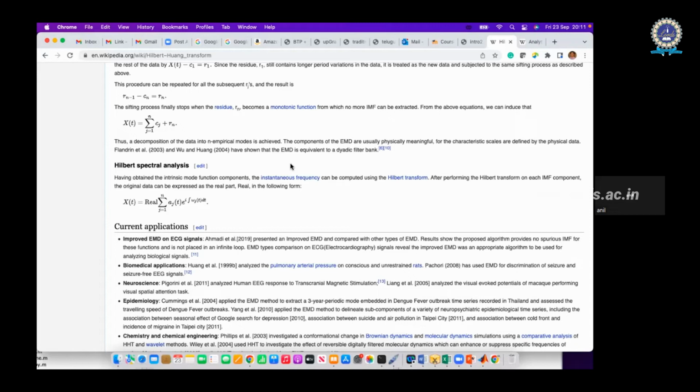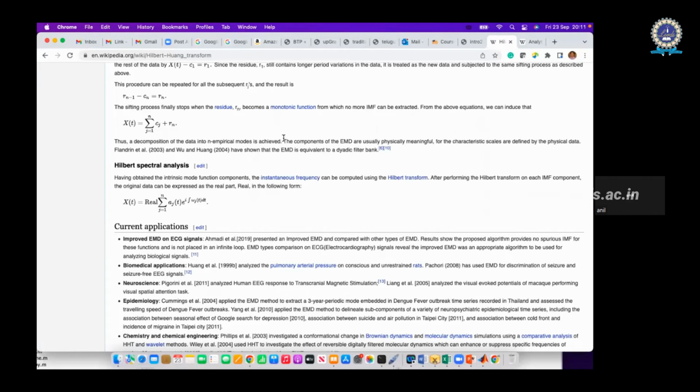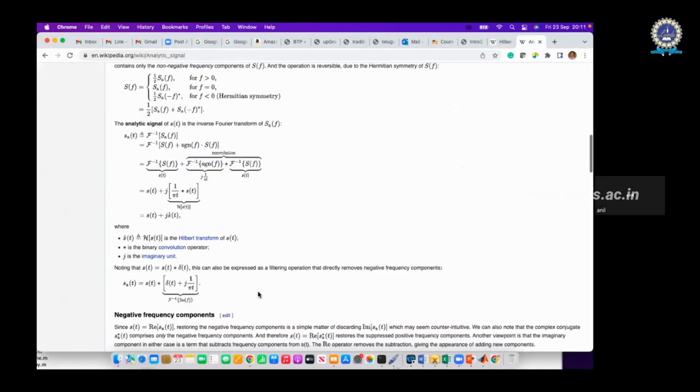On each function, you apply the instantaneous frequency using the Hilbert transform. The instantaneous frequency you get by using d phi by dt. The phase part you get by applying the Hilbert transform, because phi is tan inverse of the Hilbert transform.